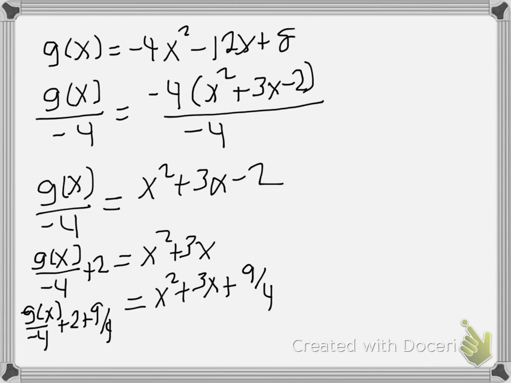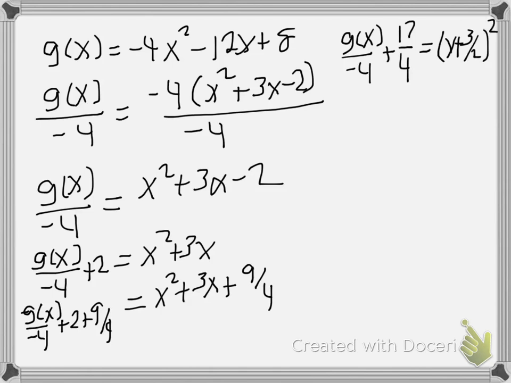So we come back up to the top. I now have g of x over negative 4 plus 9/4 plus 2. Okay. Well, 2 is 8/4, so 9/4 plus 8/4 is 17/4. And that is equal to x plus 3 over 2 squared. Okay.